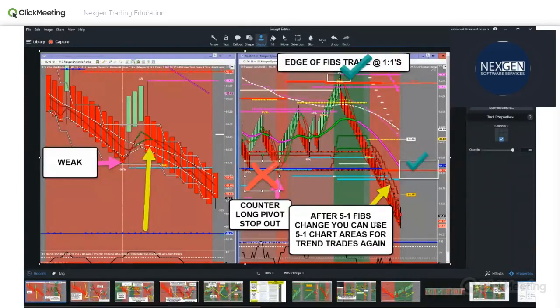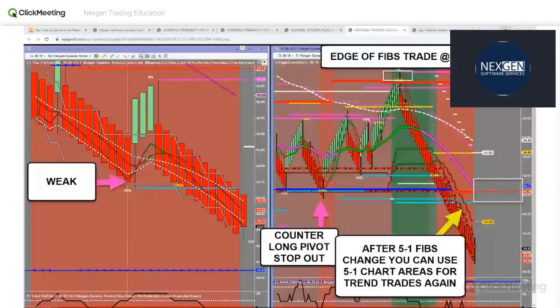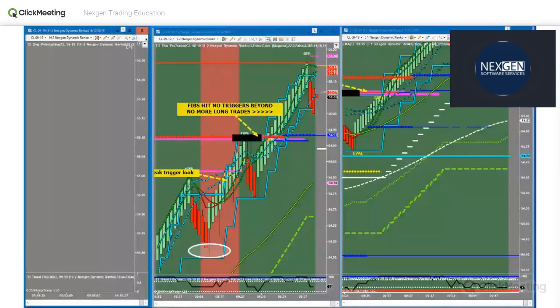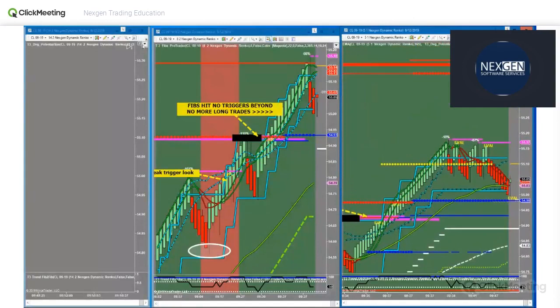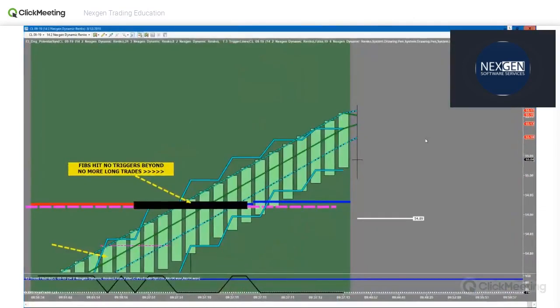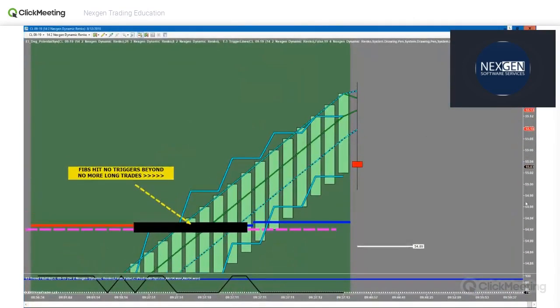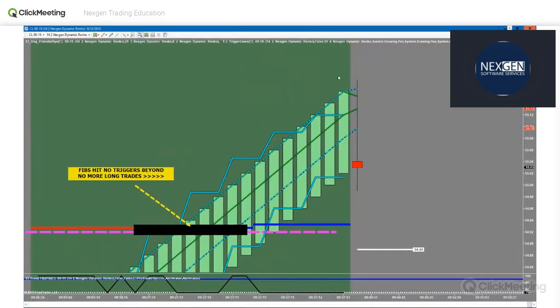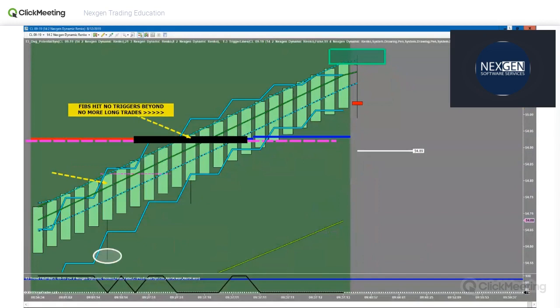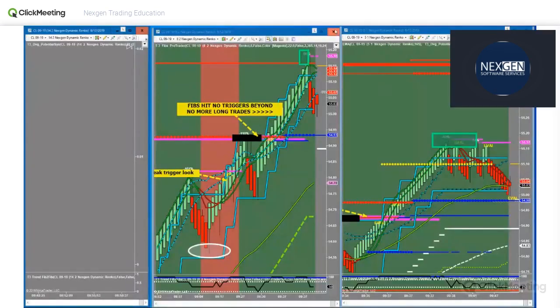5-1 trend trades. And again, this is where you get this same situation. Let me show you in the live market. So in the live market right now, we've got a weakened trigger line look still. Usually we keep going long until, but I think my charts may be a little bit off.